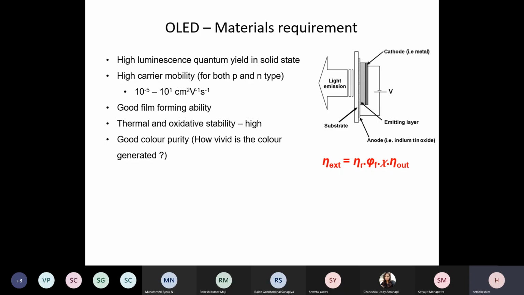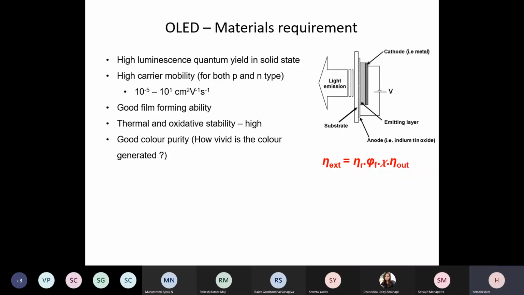So on a scale of 0 to 1, the primary colors can have a vividness scale. A scale of 1 is a perfect blue color, and a scale of 0 would be white color. So color purity in the device is also important, because people like to have single colored LEDs for display applications, because displays make use of pixels that are the primary colors, and the purpose of making LEDs, apart from general lighting, is to have display technology.